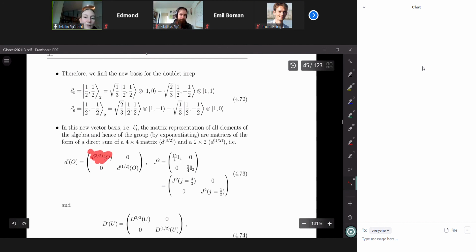There, the eigenvalue should be 15/4. And one piece corresponding to the 1/2 representation sitting here. So it should have eigenvalue 3/4. So we see that we have this block diagonal form of J squared of 3/2 and J squared of 1/2.